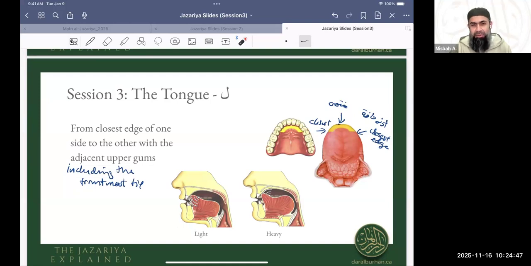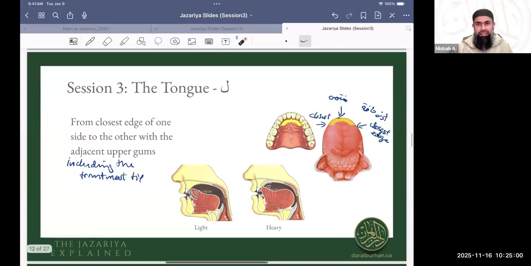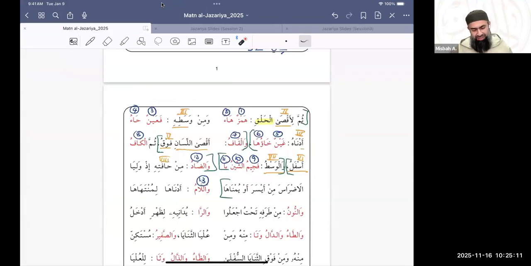Okay, if you produce lam heavy and other letters heavy, the tongue will naturally go in that shape. Now, so this is lam. Is the lam clear? I hope you don't say la. You say na'am. Okay, we're going to continue.